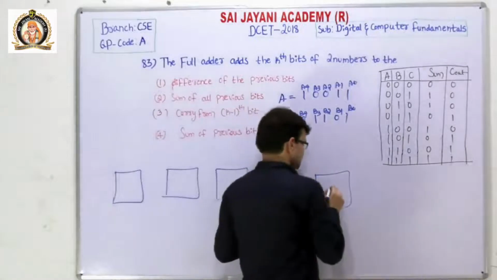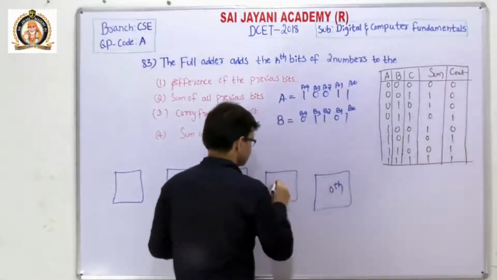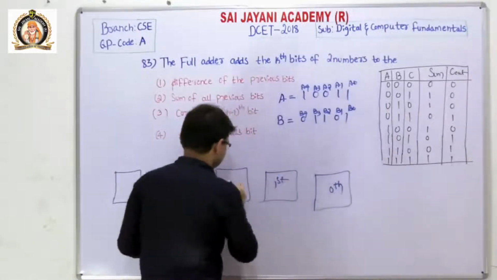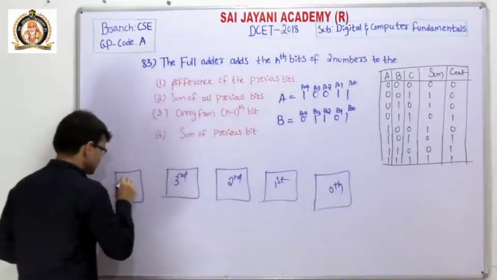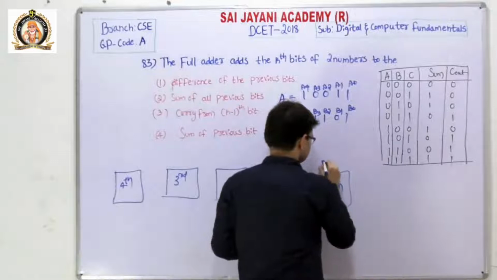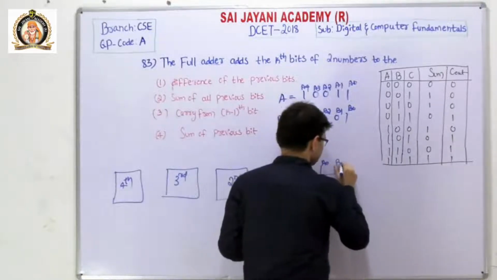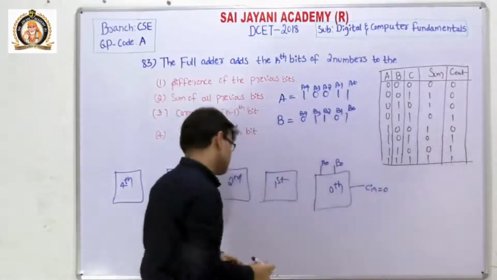This is 0th full adder, this is first full adder, this is second full adder, this is third full adder, and this is fourth full adder. And this is A0 and B0, these are the input bits, and C in, and it is always 0.